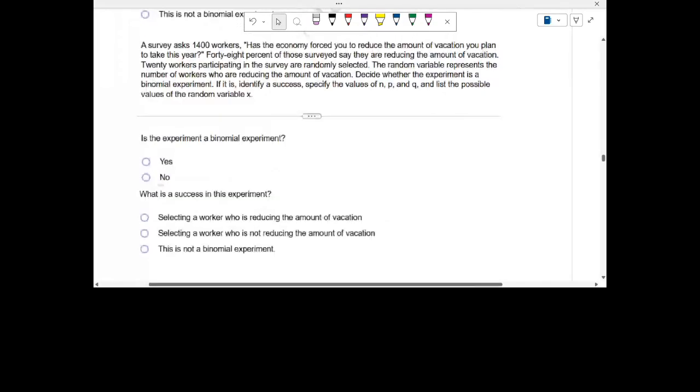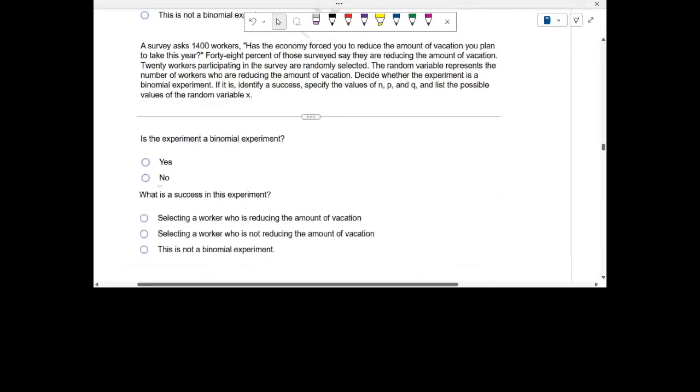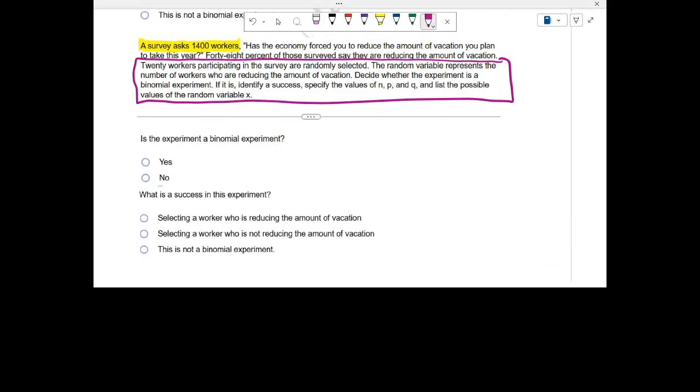Okay, so when I read through this question, there's a lot of information here. We looked at how many workers? 1,400. But then out of those 1,400, we're just going to focus on these 20 people right here.